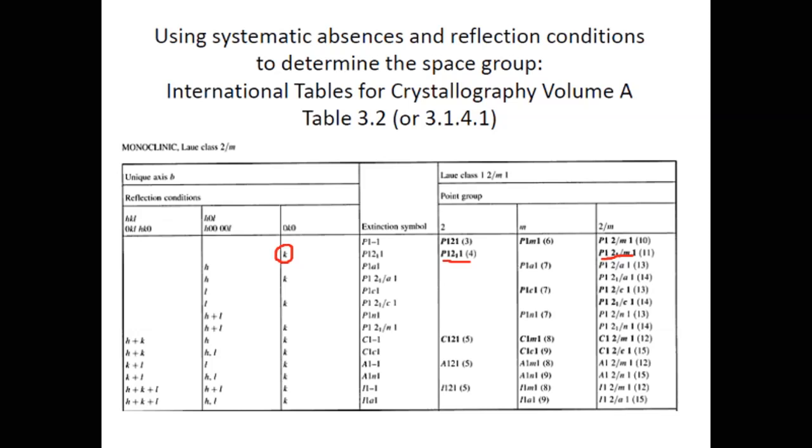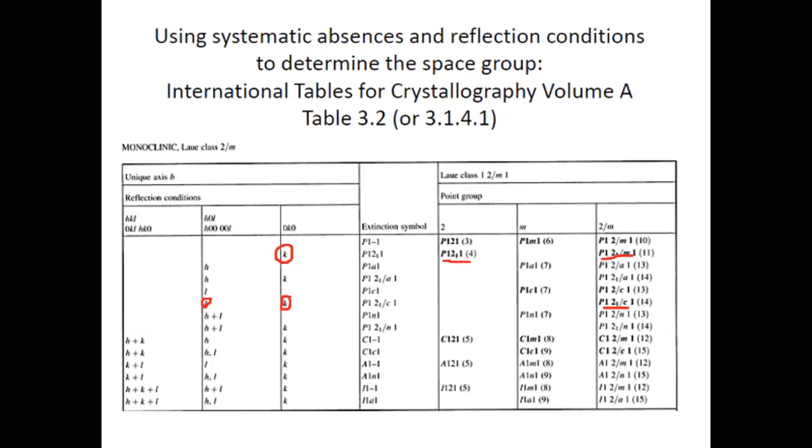So those conditions are met. Where is it? Right here. So here for the H0L, the H00 or the 00L where L is odd are absent, and we have a 0K0 reflection where the odd K are absent. This indicates that it's P21 upon C.